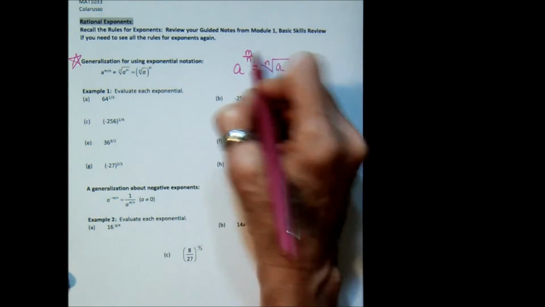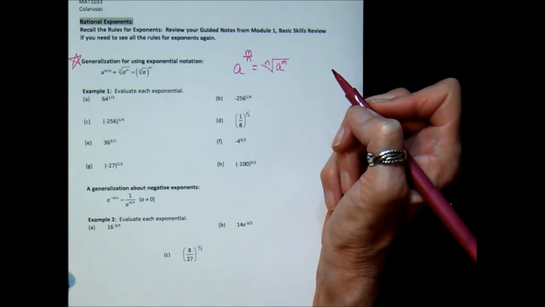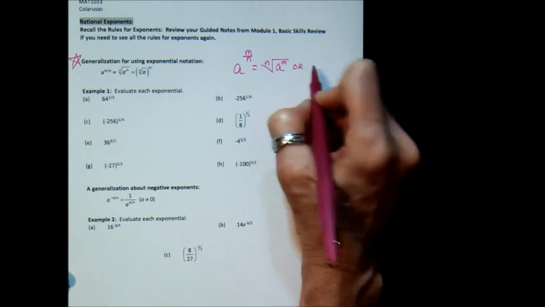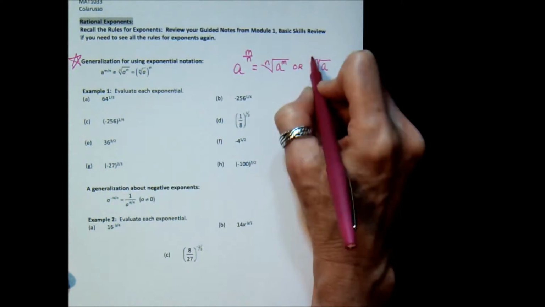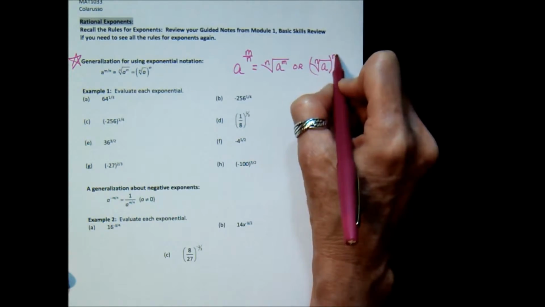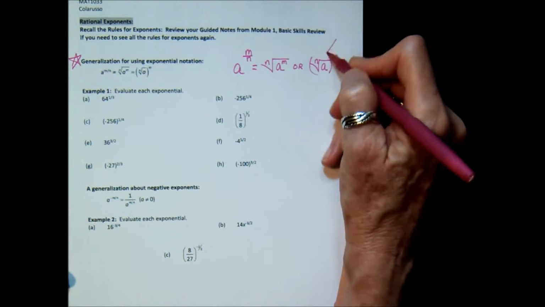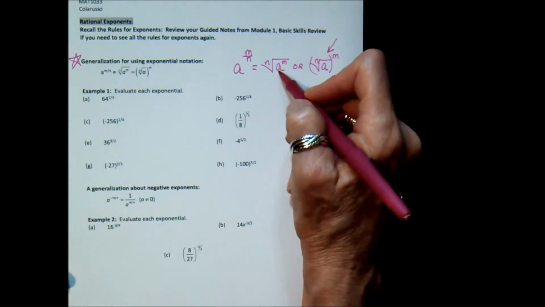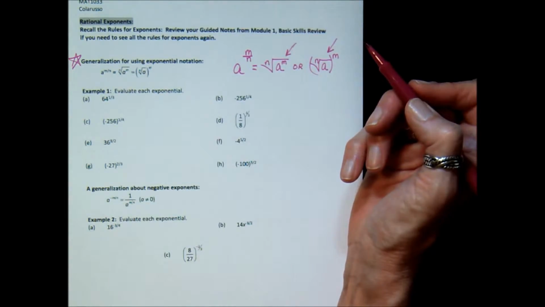Here is the base, so it's the radicand, and then the numerator tells me what power that base is raised to. Or you can write it like this: the nth root of a, take that first and then raise it to the m power. If the a represents a number, I usually do it this way. If the a represents a variable, I usually show it this way. But they mean the same thing.